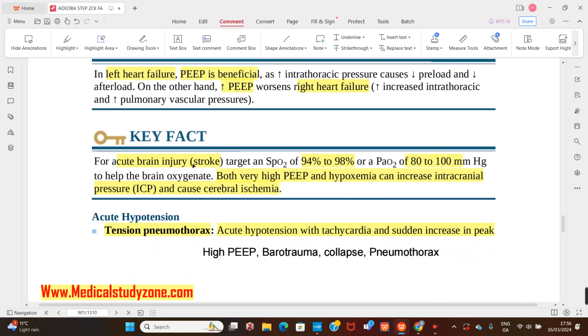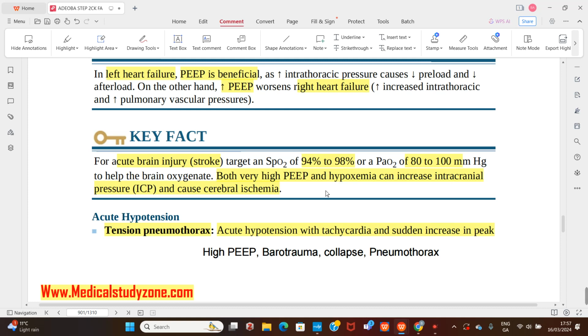So for acute brain injury, the target SpO2 is 94 to 98, and the target PaO2 is 80 to 100, to help the brain oxygenate. But if we give a value less than this, there can be a problem.